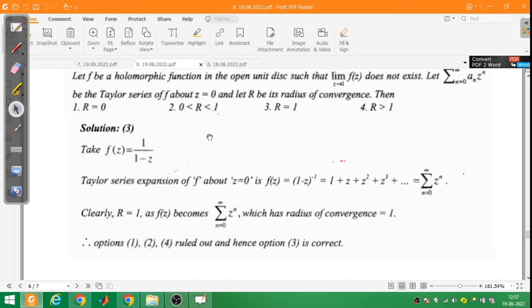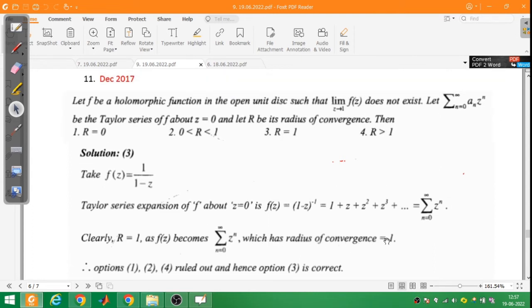Sir. So f of z becomes summation n equal to 0 to infinity z power n, which has radius of convergence 1. Therefore options 1, 2, 4 are incorrect, option 3 is correct. Are you clear?